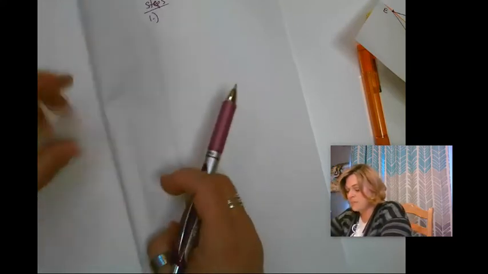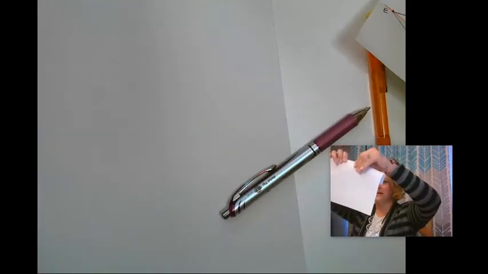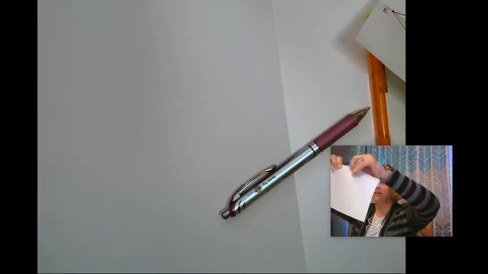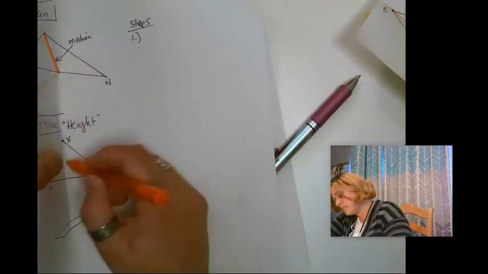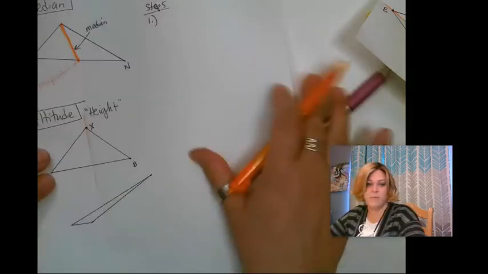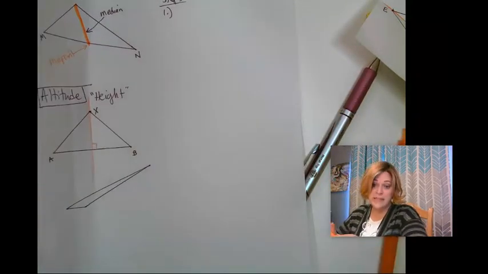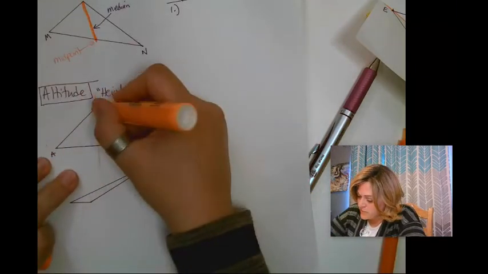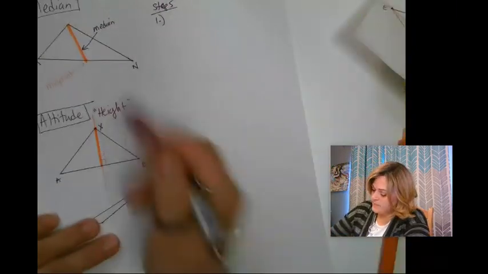So I'm going to do that, but make sure you go through point X. So point X, and I rotate to make sure the lines perfectly line up with each other, that bottom line. And then you're like, wow, that is a nice 90-degree angle. There it is. But that whole line is not the altitude. It's from the vertex to the opposite side. So that is the altitude.